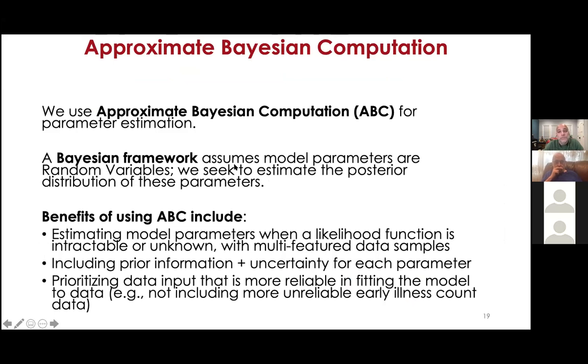We do use approximate Bayesian computation for this. I think individuals in this group are familiar with this type of approach. It's mainly an approach to use when the likelihood function is intractable or unknown.